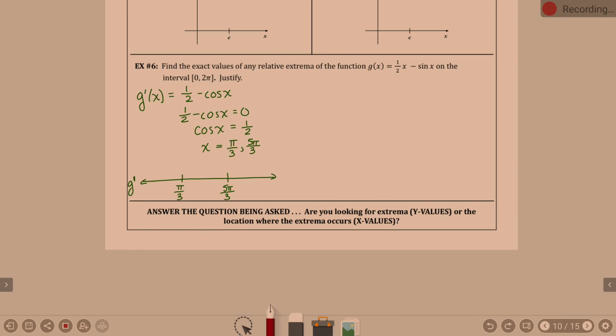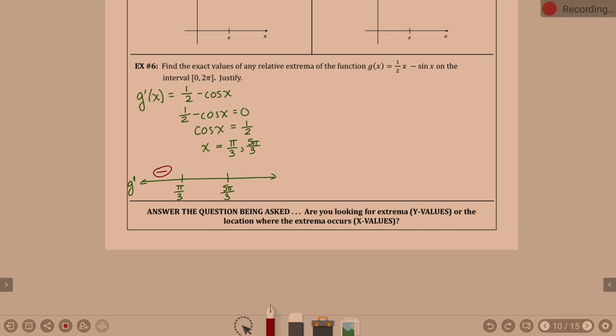So like right here, a number less than pi over 3, I would use 0, right? 0 is easy. So if you do 1/2 minus cosine of 0, well, cosine of 0 is 1. 1/2 minus 1 is going to be negative. Okay? Like, I prefer it when we can use factors. We just can't here.